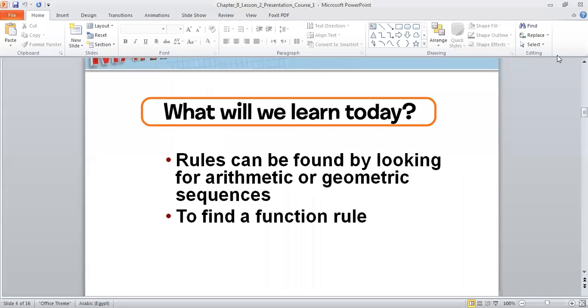Rules can be found by looking for arithmetic or geometric sequences to find the function rule. Again, Khaled, speak up, raise your voice, and read this.